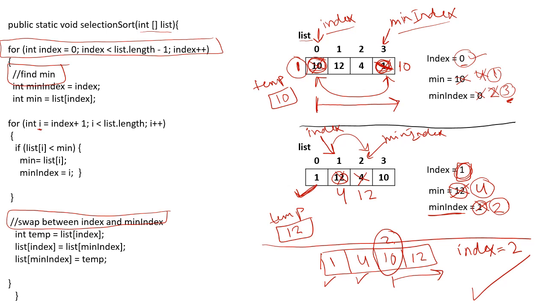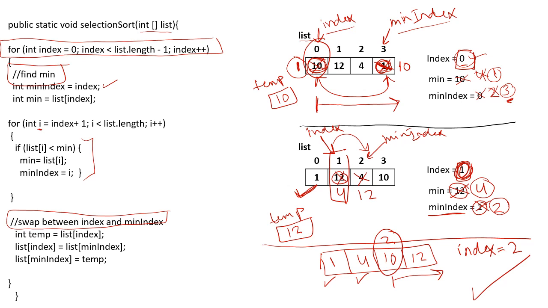So if your index is 0, you have to start from location 0. If your index is 1, you have to start from location 1 till the end of the array. That's why we say minimum index equals the current index, and then start the loop and find the minimum. Once you are done with the minimum, you have to do a swap, always between index and the minimum index.